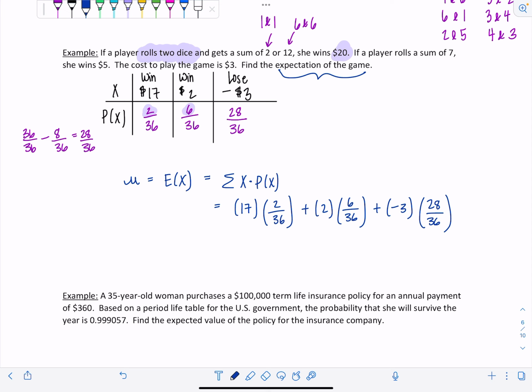So up to the penny is all we need. And what do you guys get? Do you have negative 1.06? Good. Perfect. So what does that mean? That means in the long run, if you keep playing the game, your average is that every single time you play, you're going to lose $1.06.